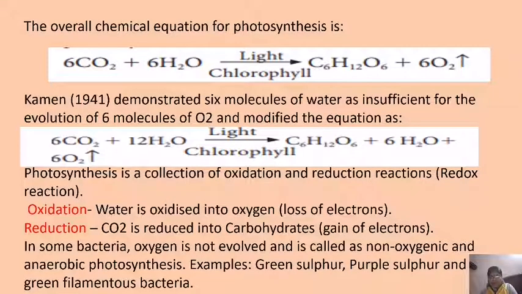These are bacteria which are non-oxygenic. Basically what do you find in this reaction? Your water molecules are shown on both the left side and the right side to balance your equation. Okay, to balance the equation.